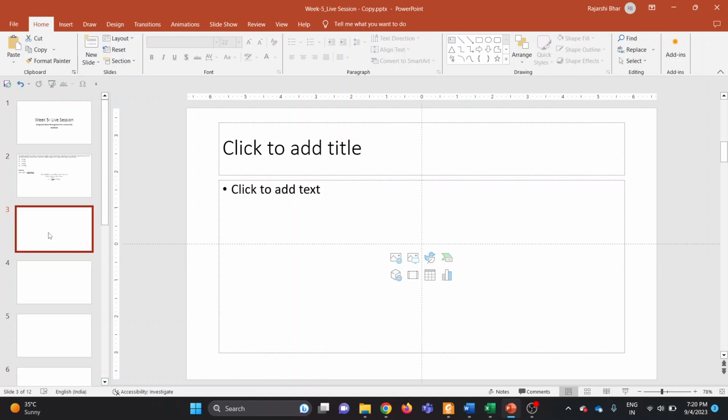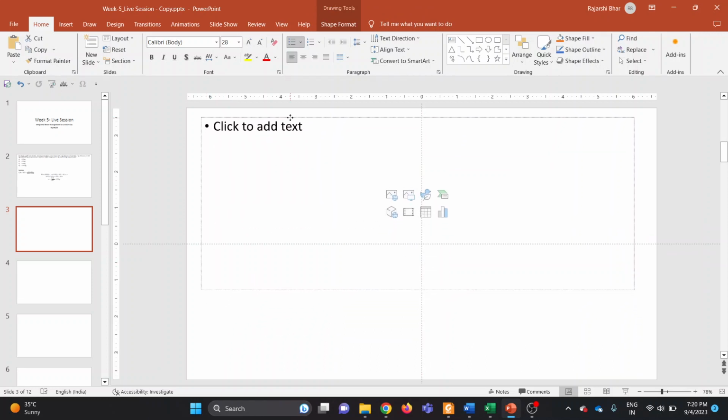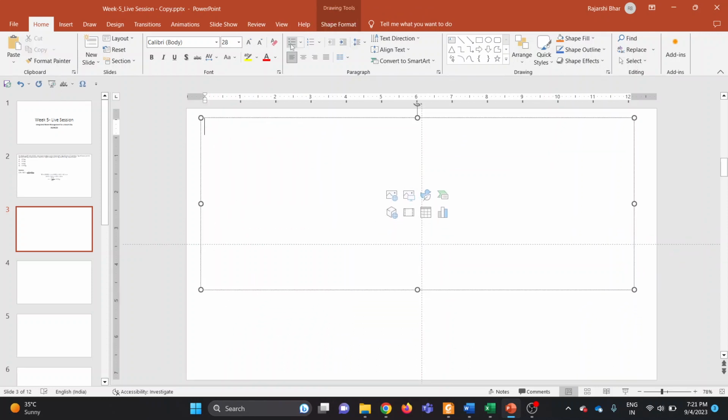Now moving to the next question, which is again a very simple numerical based one. MC is moisture content.